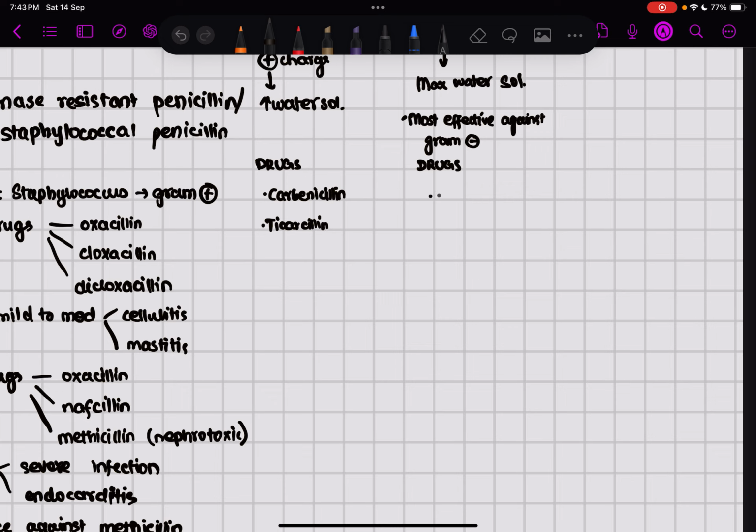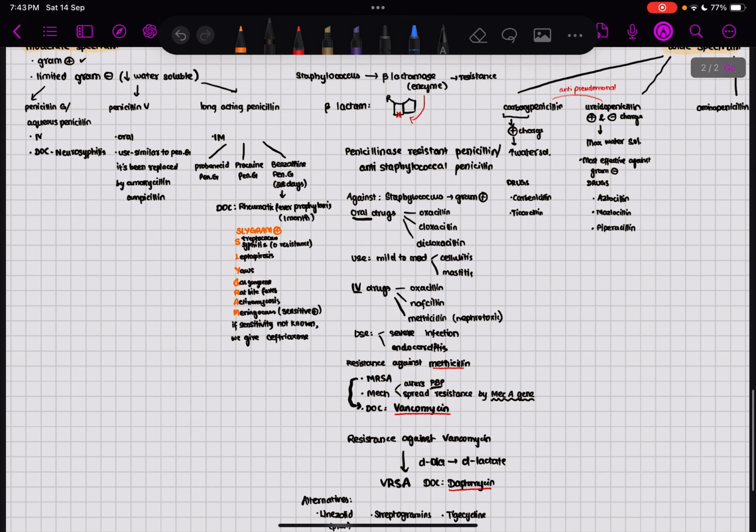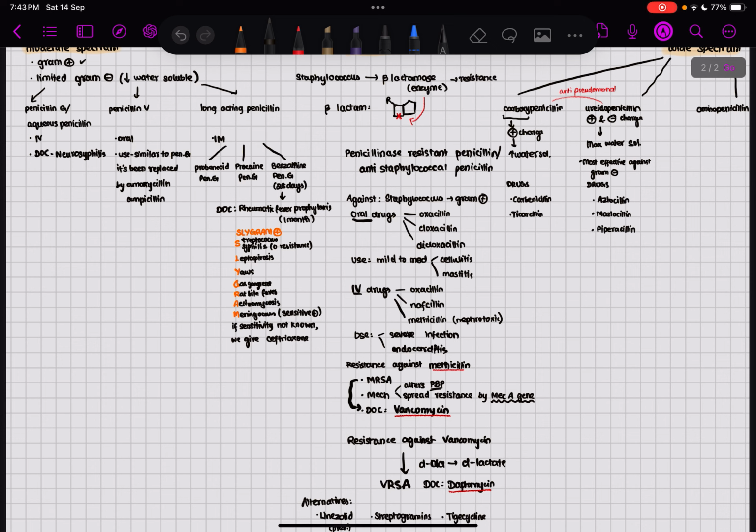Then azlocillin, mezlocillin, and piperacillin. And remember this, piperacillin and pseudomonal.